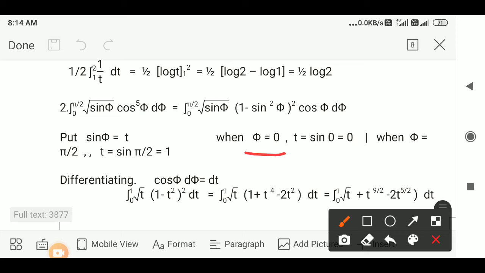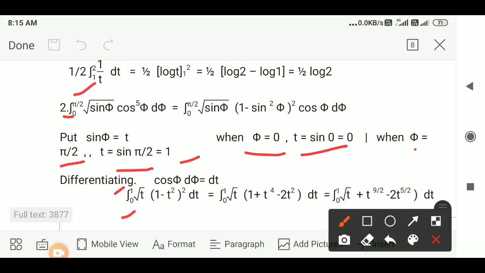When phi is 0, the lower limit, t becomes sin 0, so sin 0 is 0. When phi becomes pi by 2, the upper limit, t becomes sin pi by 2, that will be equal to 1. So limits become 0 to 1.